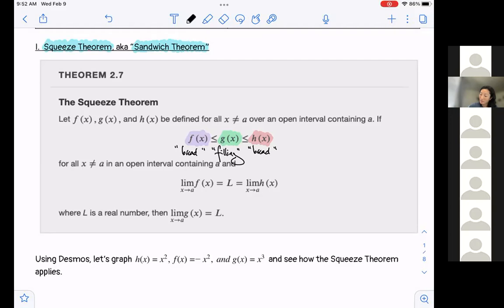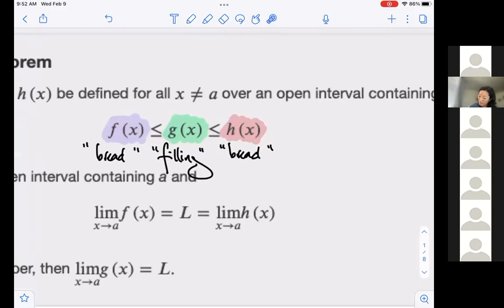Yeah, I would agree with these signs. This says that f of x is the smallest one, the lowest one. g of x is in the middle and h of x is on the top.